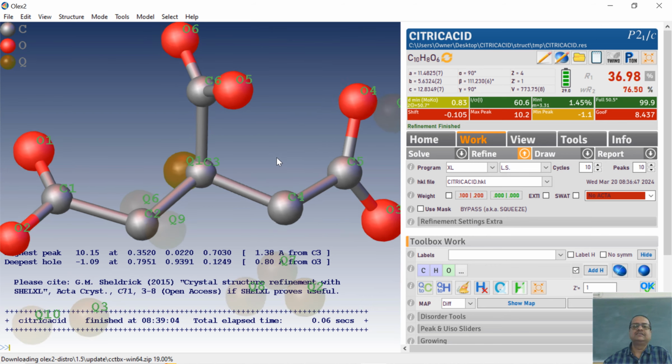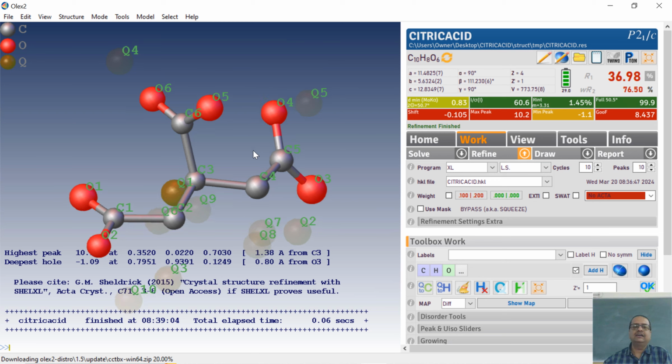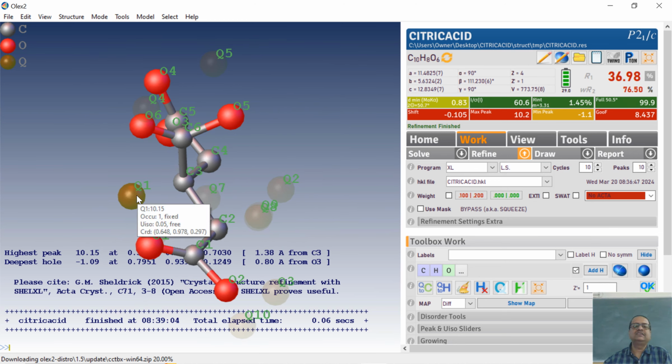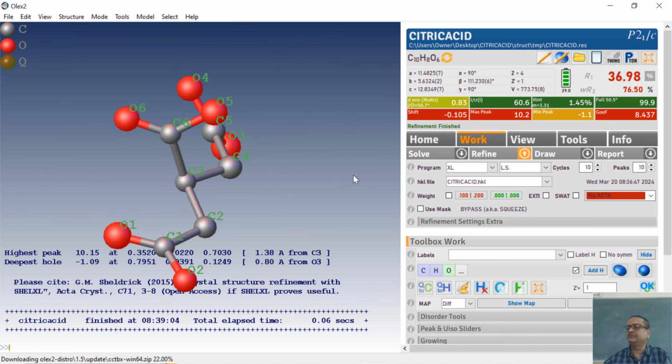See, now it has given you lots of phantom atoms, brown colored objects here and there, with one object which is written as Q1 with the electron density of 10. And that 10 number is also indicated here. And all others, if I remove everything, suppose I am just doing the removal using the scroll button, this is 1, this is 2.